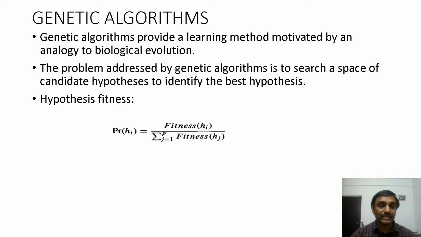The population is the total hypotheses present in that particular scenario. Like that, we can take the fitness of the hypothesis. So here, the probability of a particular hypothesis can be taken as the fitness of that hypothesis divided by the total of all the hypotheses' fitness.